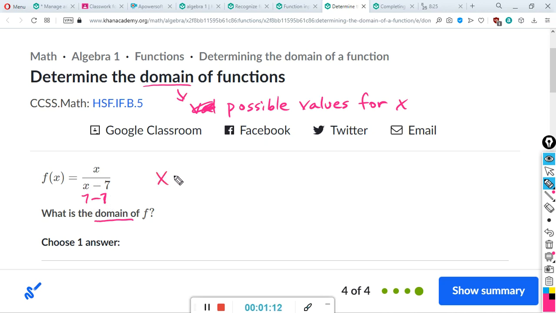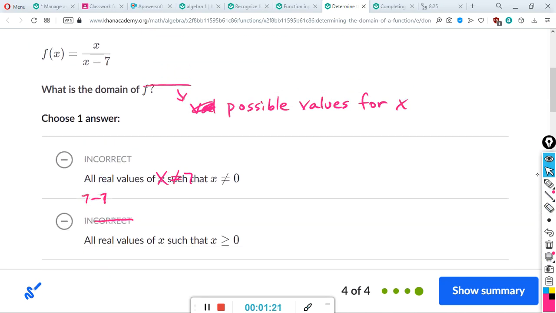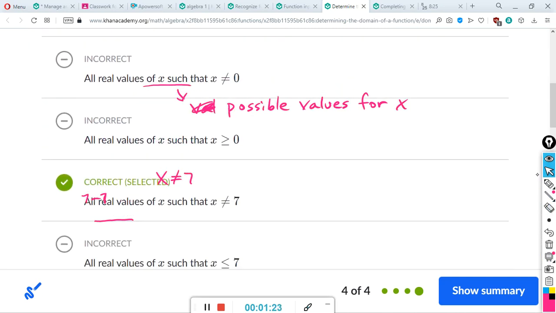So the only number x cannot equal is 7. So the correct answer is all real values of x such that x does not equal 7.